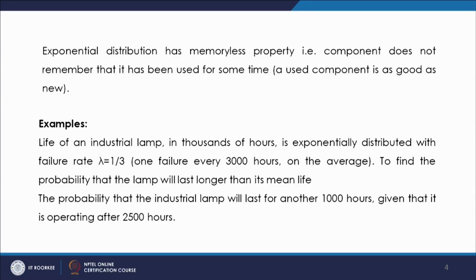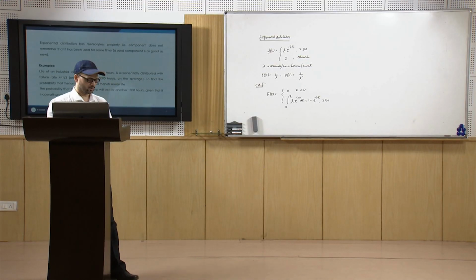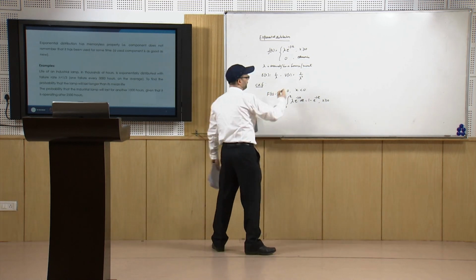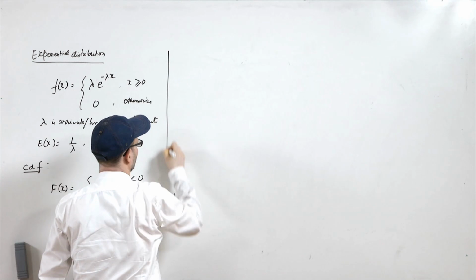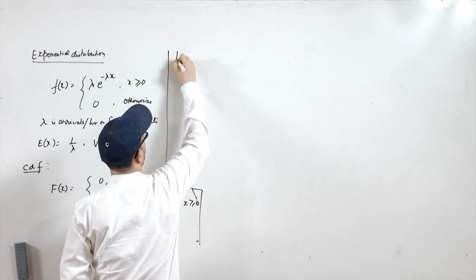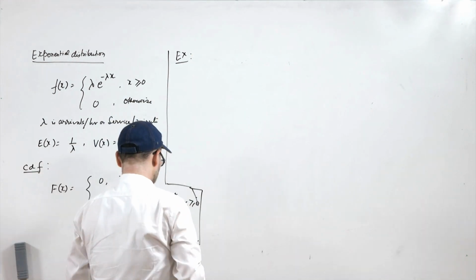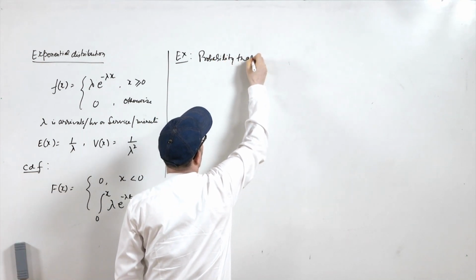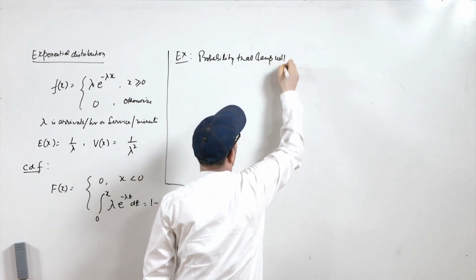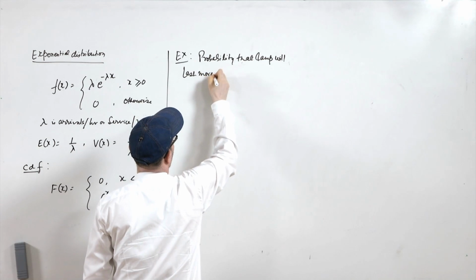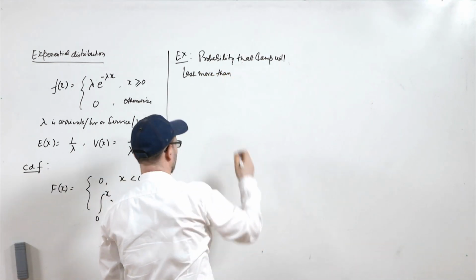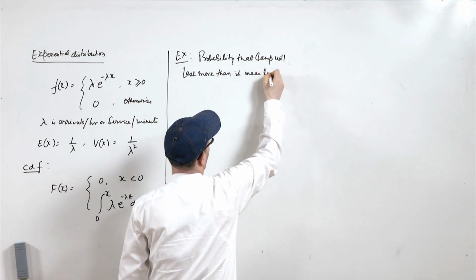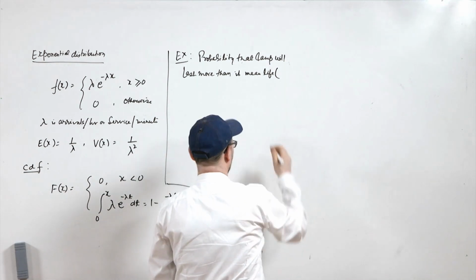So, what we see in this case is the probability that the lamp will last more than its mean life, that is 3000 hours.